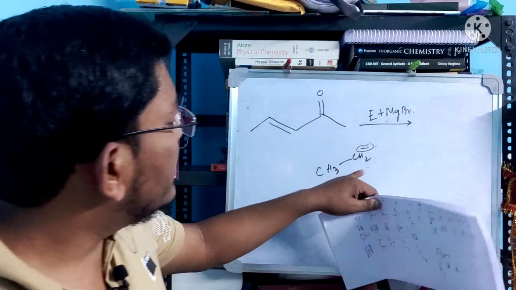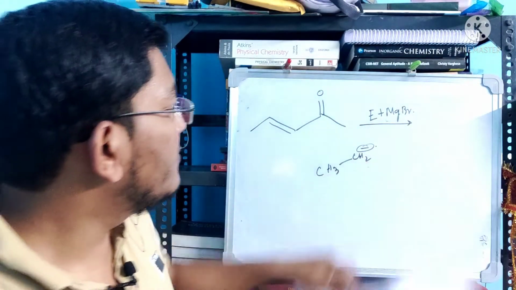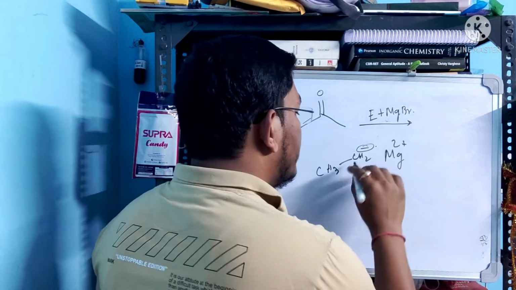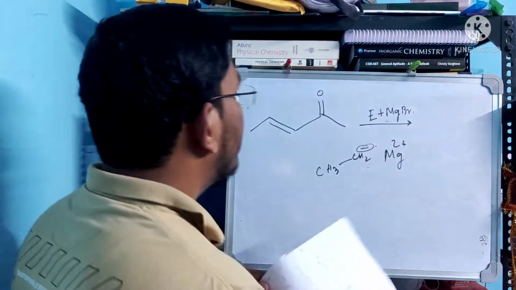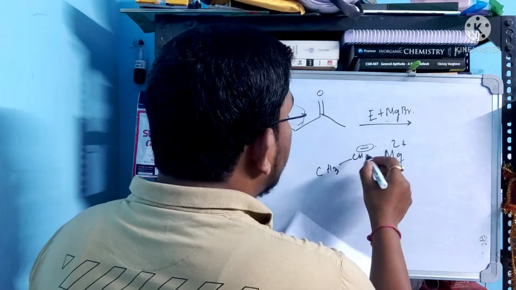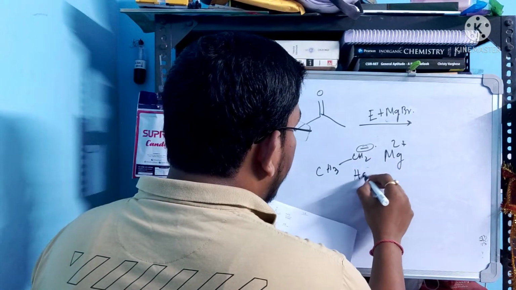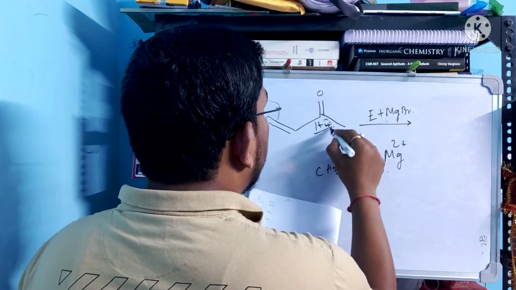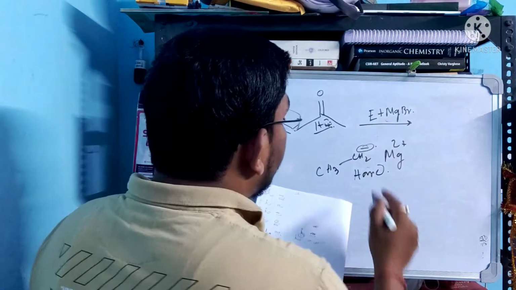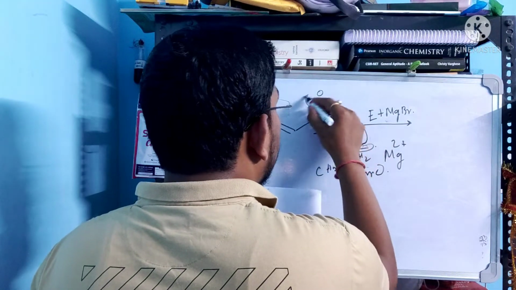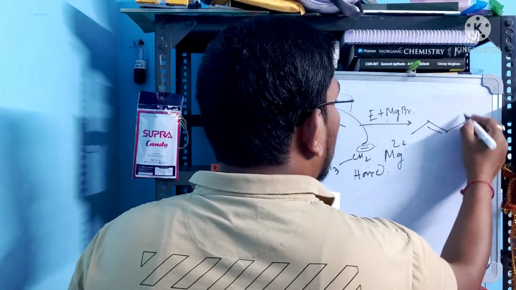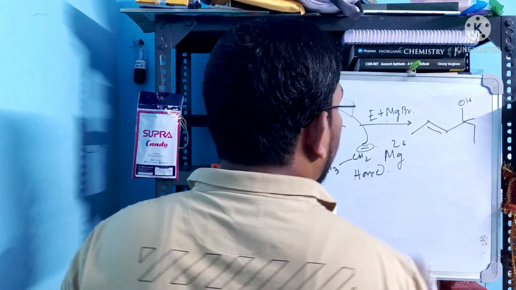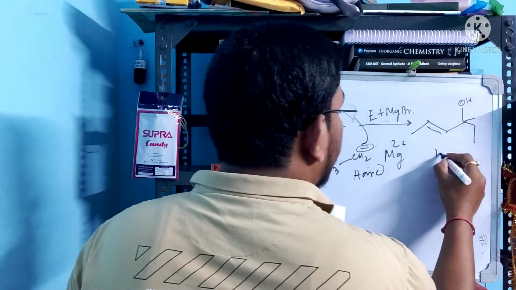Okay, here charge density is high and magnesium 2 plus is attached with this one through ionic interaction, so it's a hard center. It will also prefer the hard position. According to the HSAB principle, it will give the 1,2 product.